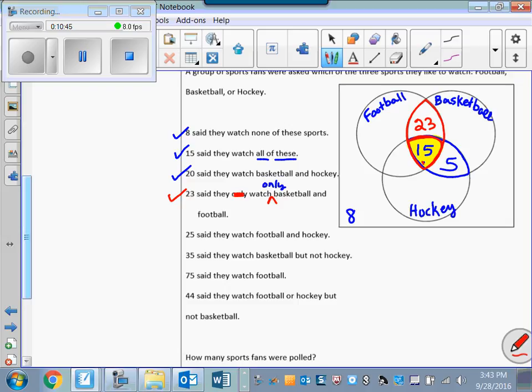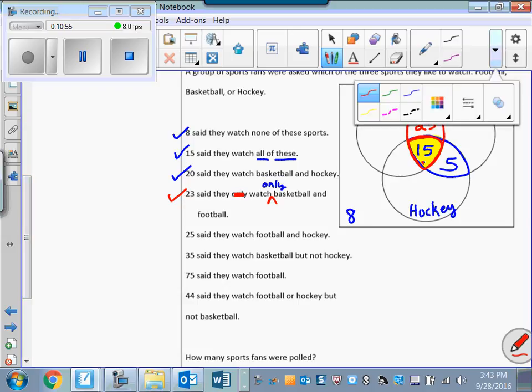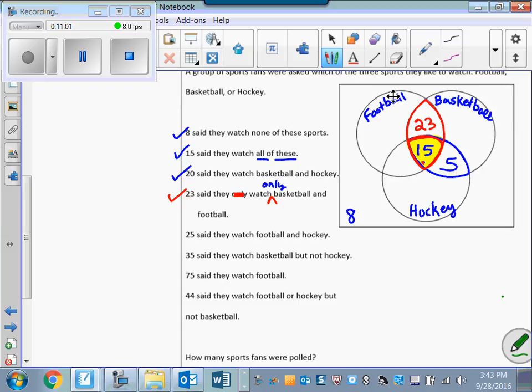All right, what's next? 25 said they watch football and hockey. So I'll use a green for that. So 25 watch football and hockey. Get that out of the way. So where's football and hockey? Football and hockey would be right here. Going around football and hockey in green.